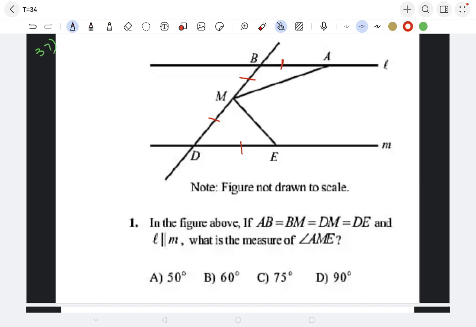Okay. These two sides are equal. Let us call them A and A. Now these two sides are equal. Let us call them B and B. Okay. If we draw a line here, this is making Z. Now check, this is making Z, alternating.